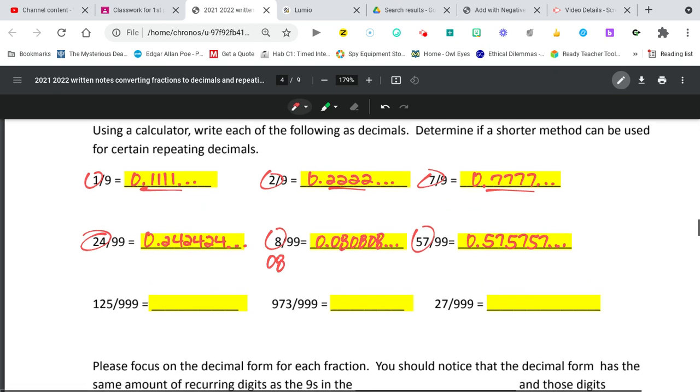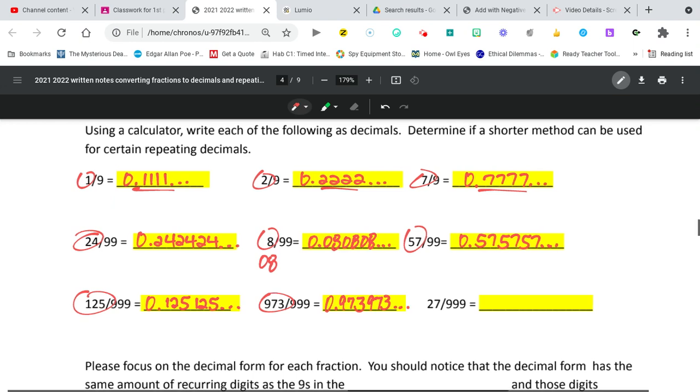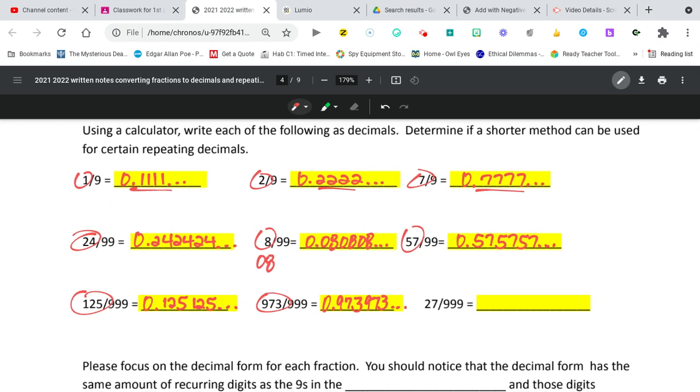Let's try this. 125 divided by 999. Watch this. I get my numerator repeating again. 973 divided by 999. Watch this. This is what you get. It's this numerator again. So 27 divided by 999.